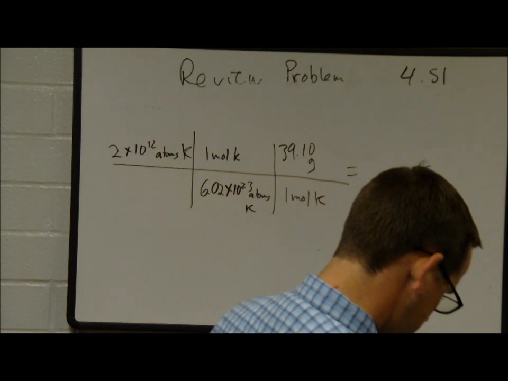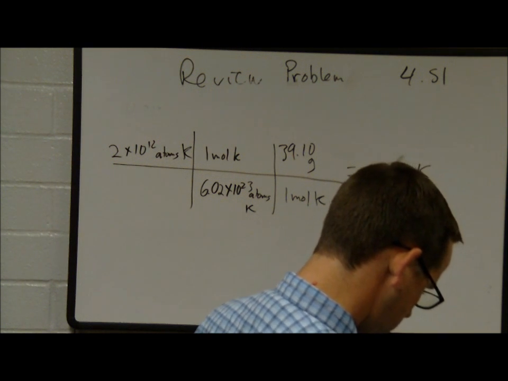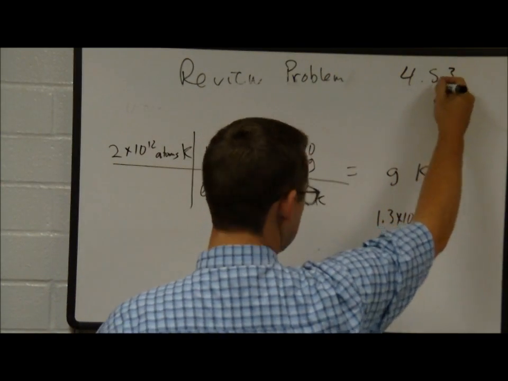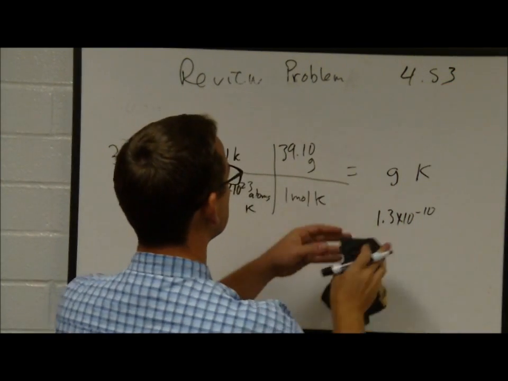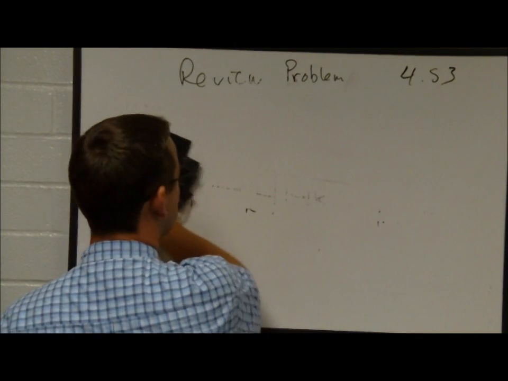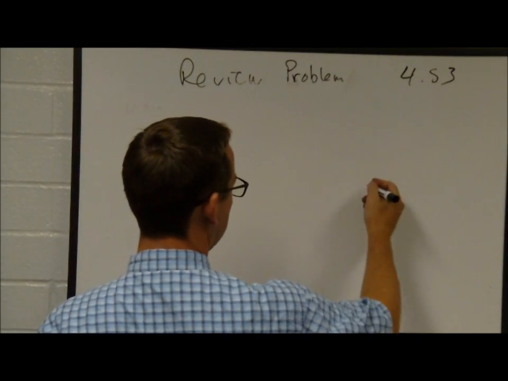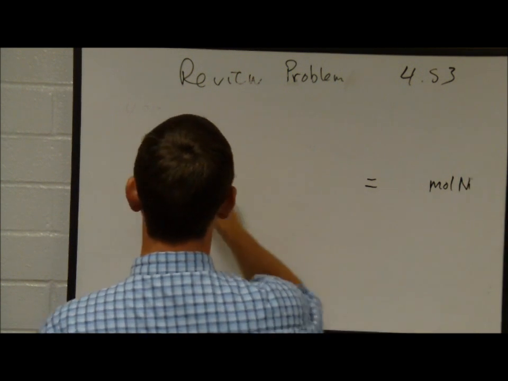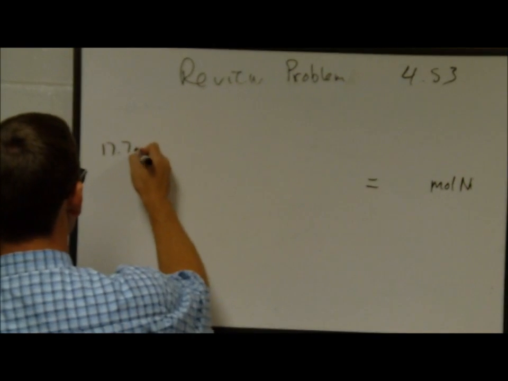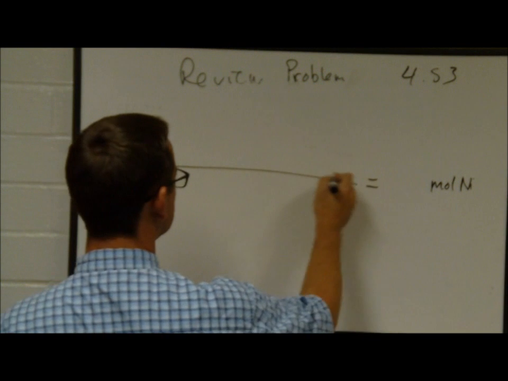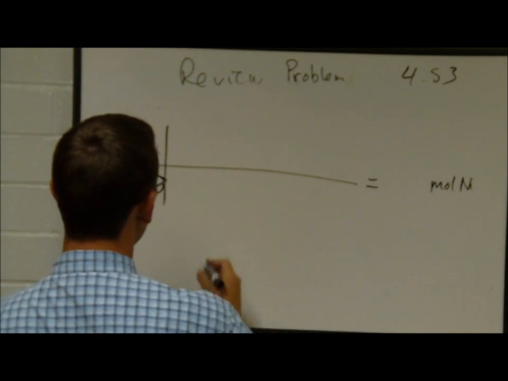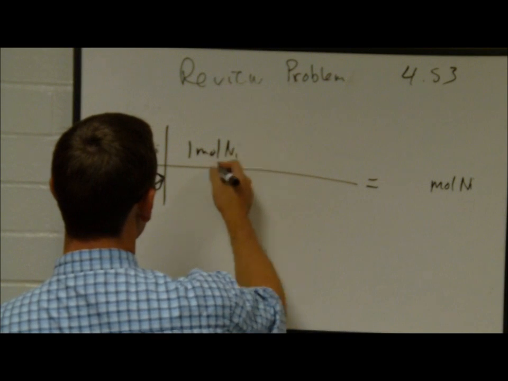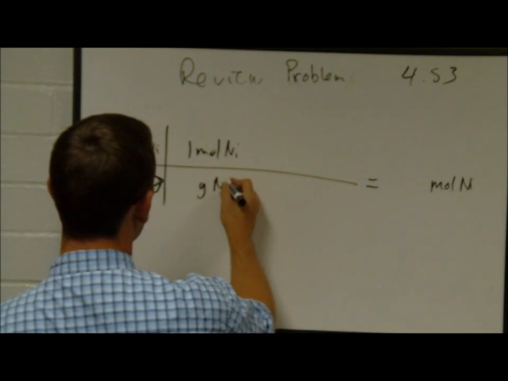All right, 453. How many moles of nickel are in 17.7 grams of nickel? Well, for every 1 mole of nickel, we can determine how many grams of nickel there are.